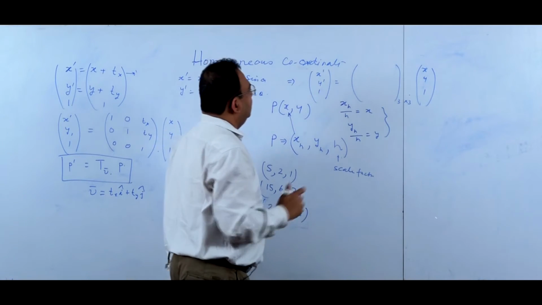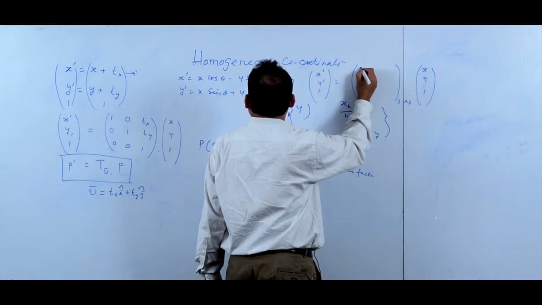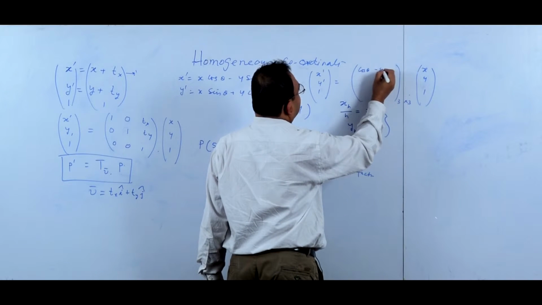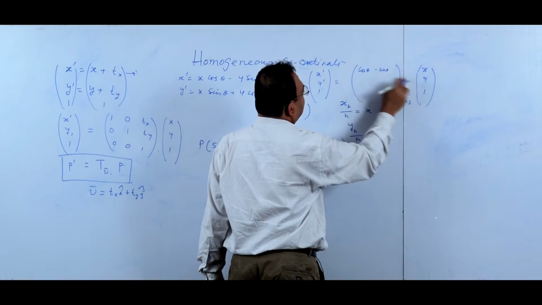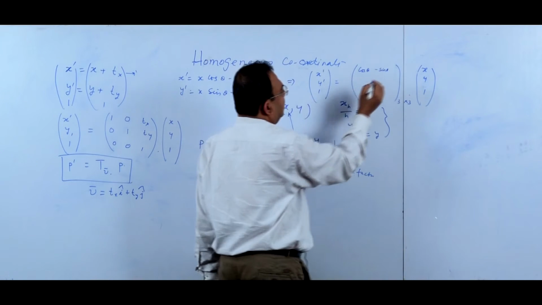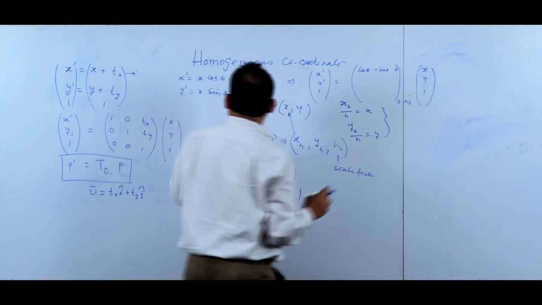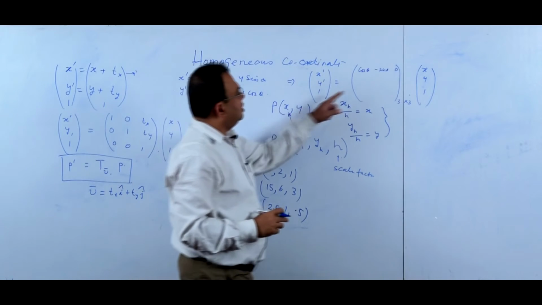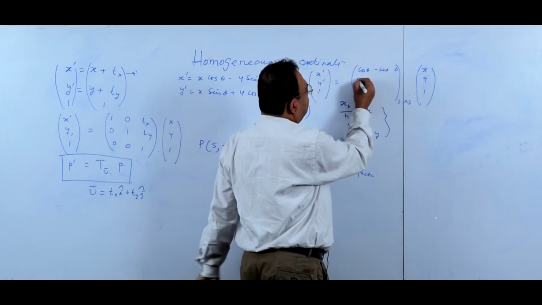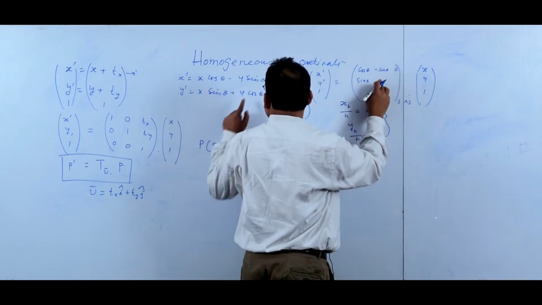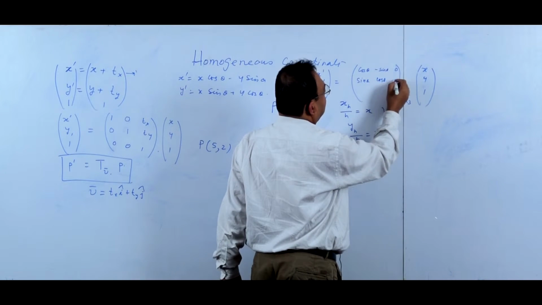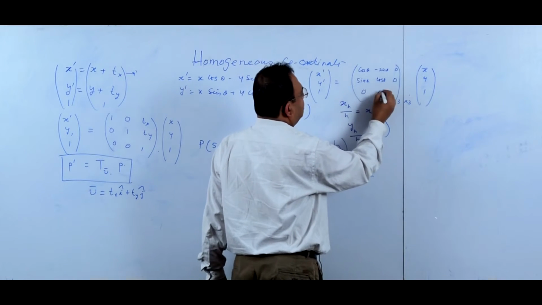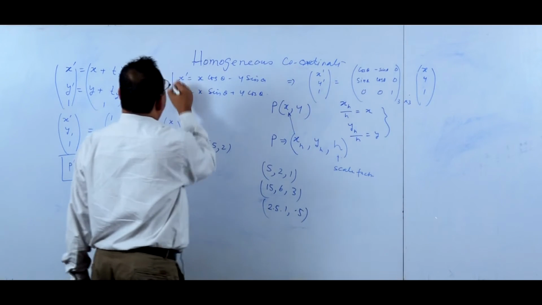So it will be cos theta into x, minus sin theta into y, and this component is 0 because there is no constant term. Similarly, x sin theta is required, so this will be sin theta, and y cos theta, so this will be cos theta, and there is no constant term, so this is 0, and then 0, 0, 1.